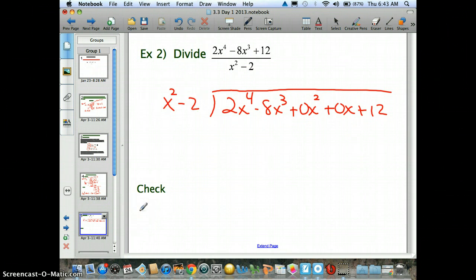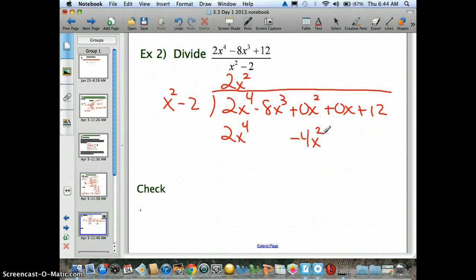So once again, we look and see what do we need to multiply x squared by to get 2x to the 4th? Well, that's just 2x squared, right? So 2x squared times x squared is 2x to the 4th. And then 2x squared times negative 2 is negative 4x squared. Notice we've got to move that over here underneath our x squared term because we can't combine it with our x cubed.